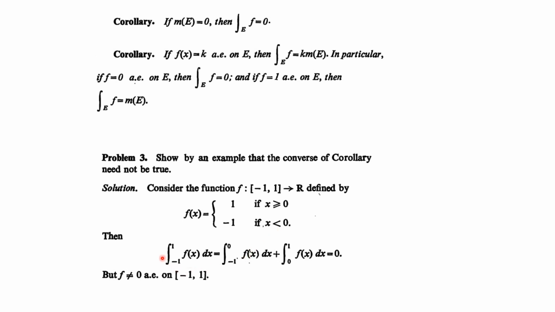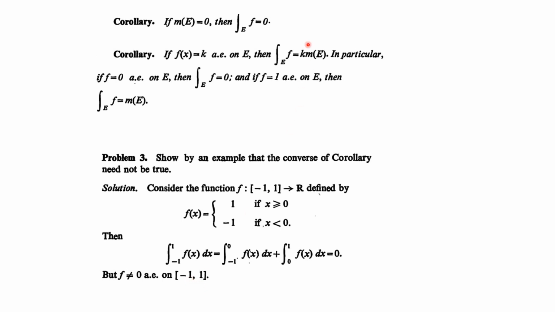And if we evaluate this integral, we will see this will be 0. However, neither is our function 0 almost everywhere, nor is the measure of E 0. The measure of this set E is 2, which is the length of this interval.